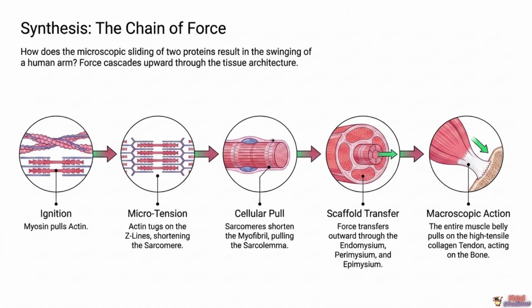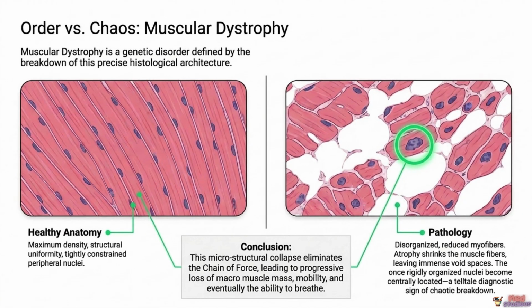Step 5 is macroscopic action. The fully engaged muscle belly pulls directly on the high tensile collagen tendon, which forcefully acts on the rigid bone, physically moving your skeleton.